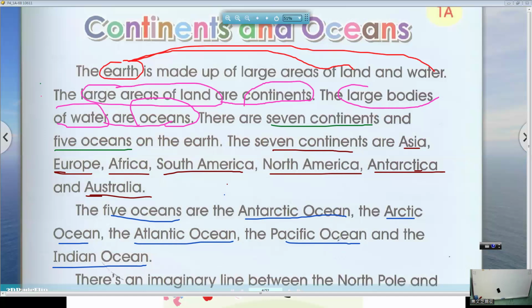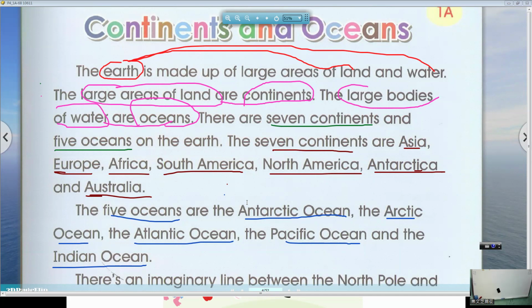I showed you a picture earlier that it has Southern Ocean, right? So the Southern Ocean is the Antarctic Ocean. Why? Because it is near Antarctica.